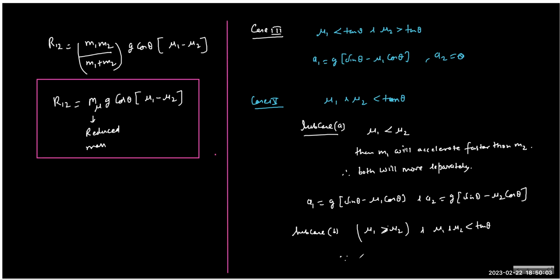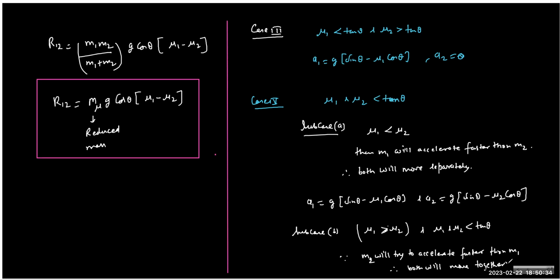So since m2 will try to accelerate faster than m1, therefore both will move together.